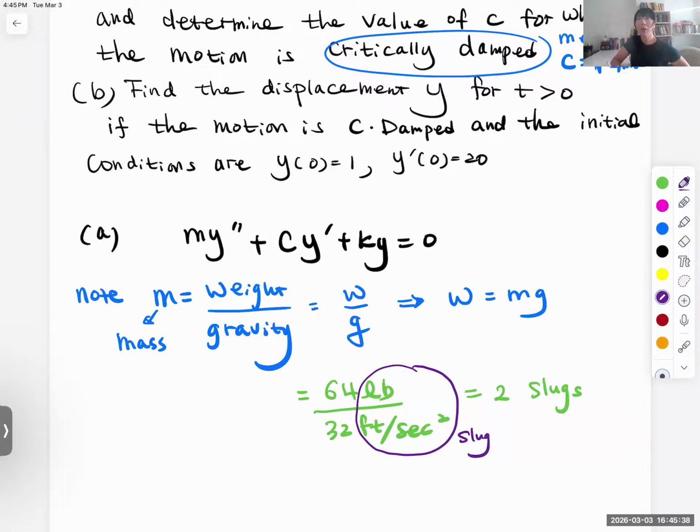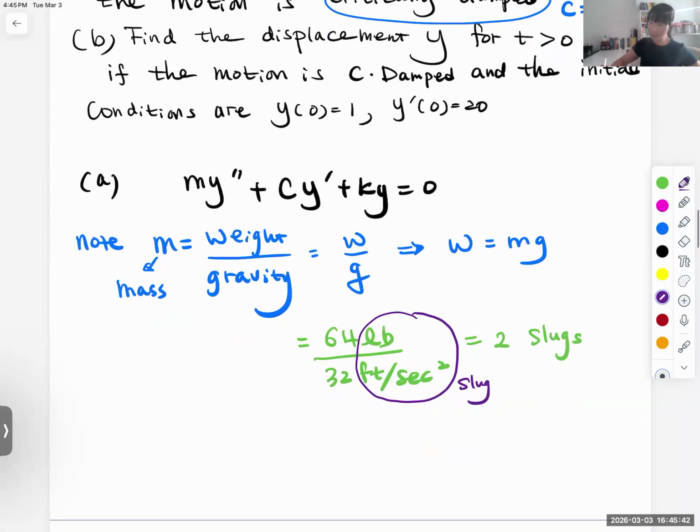Then previously we had mg equal to k delta L, which is the same as k delta the lowercase l.